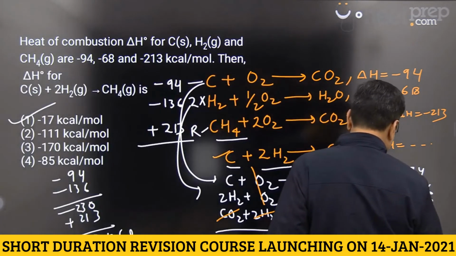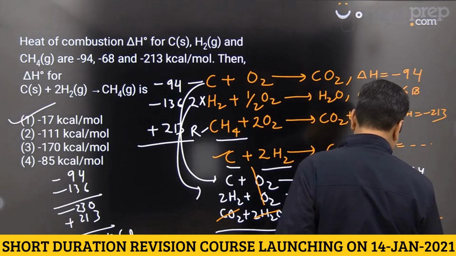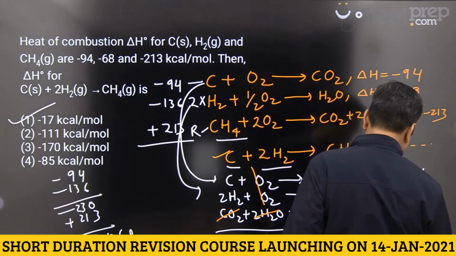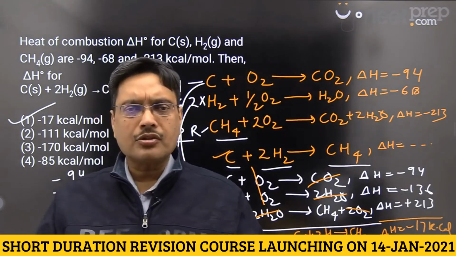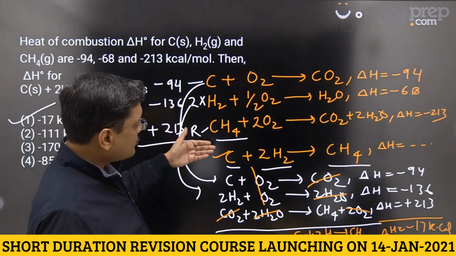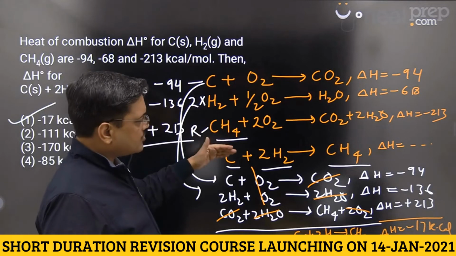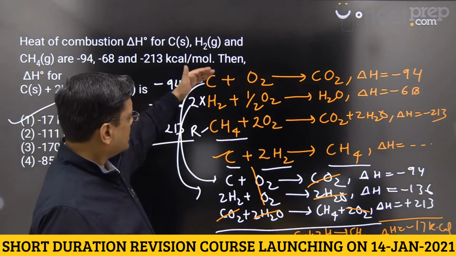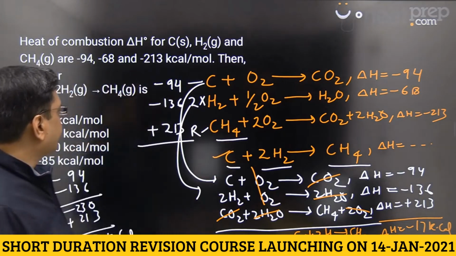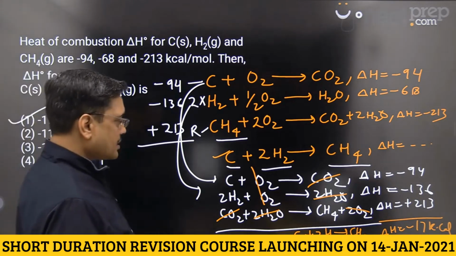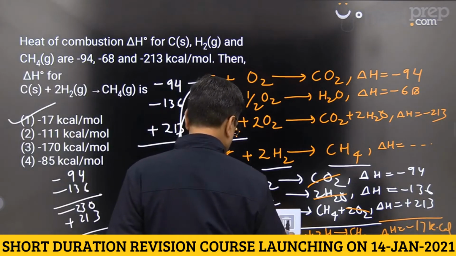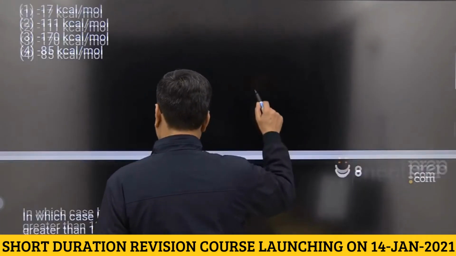And you add all these, so delta H is equal to minus 17 kilocalorie. So don't bother about it; the equation is always formed after doing this. Clear? So minus 17 kilocalorie is the answer. We move to the next question.